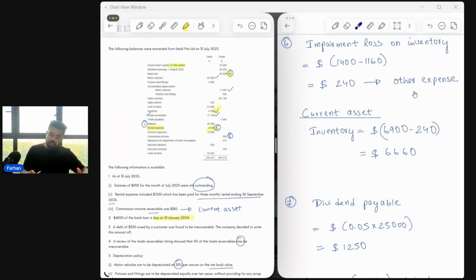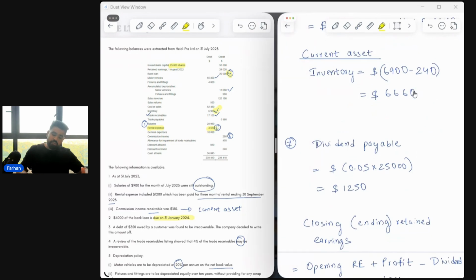And 5 cents per share is simply 0.05 multiplied by 25,000, which gives us $1,250 as the dividend that we have to pay. Now, who do we pay the dividends to? We pay to our shareholders, right? Okay, so shareholders are the investors of the business. So this amount is declared at 22 July 2023.